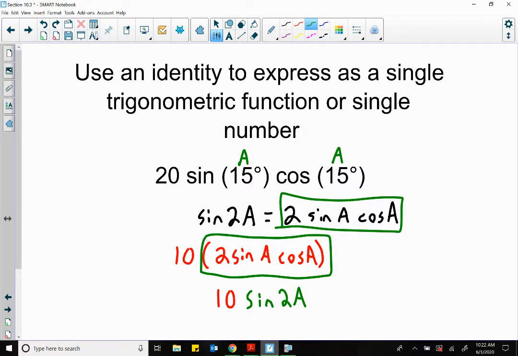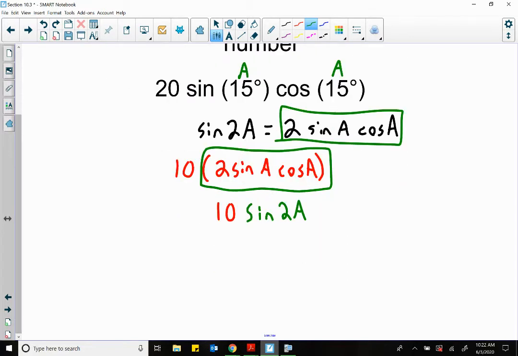Okay? So now, if we plug in, we have 10 times sine of 2 times 15 degrees, of course. Well, that gives us 10 sine 30 degrees. But we know what 30 degrees is.